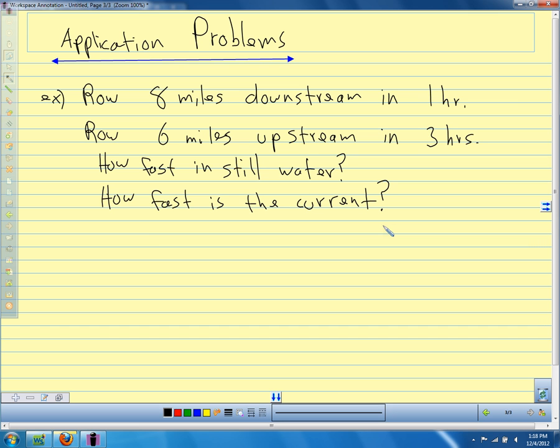Anybody have an idea? What are our variables going to be? We need to pick our variables. Let's do R. R equals how fast this person rows.